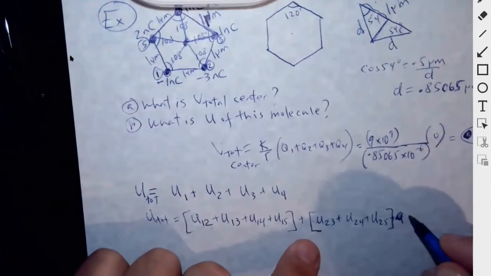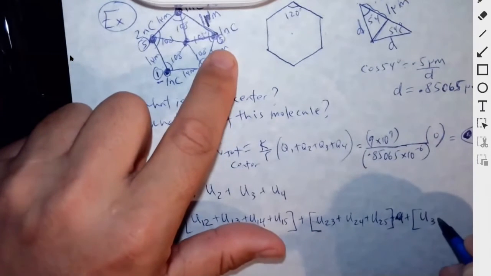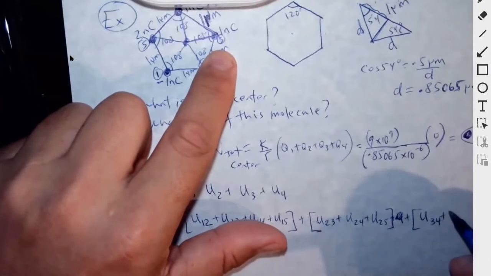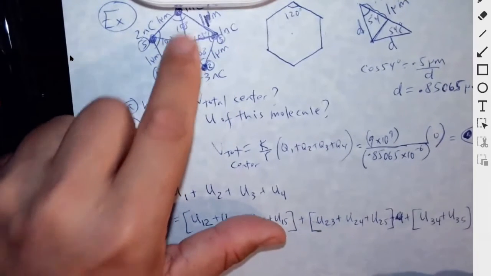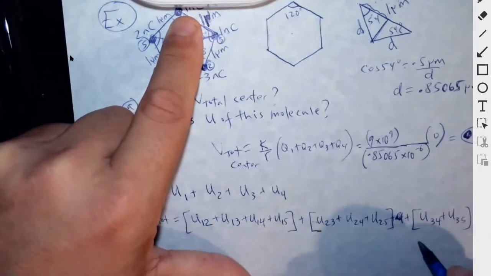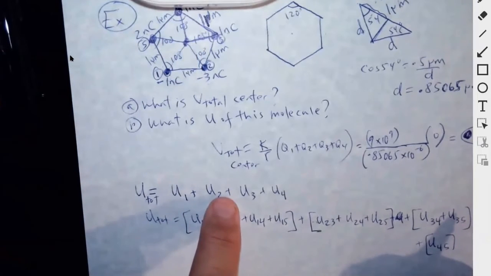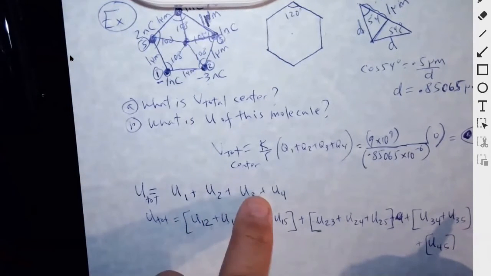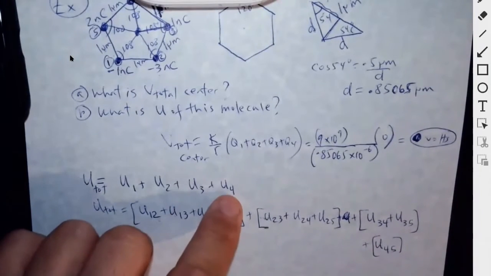Okay, so then you want here U3 with 4, U3 with 5, right? And then U4. So this is the potential energy that 1 has, 2, 3, then 4.